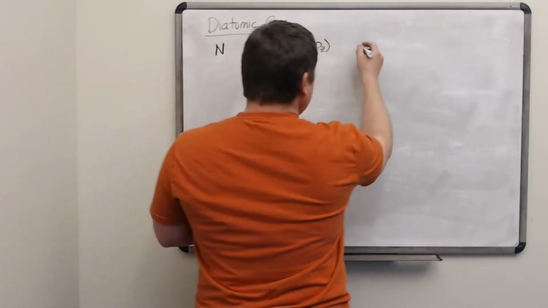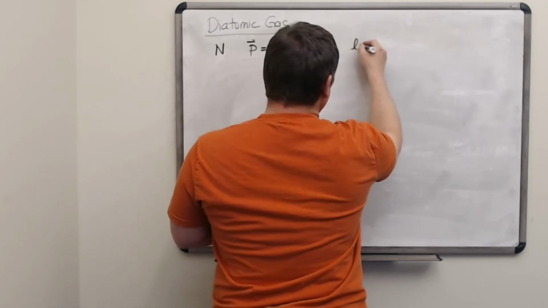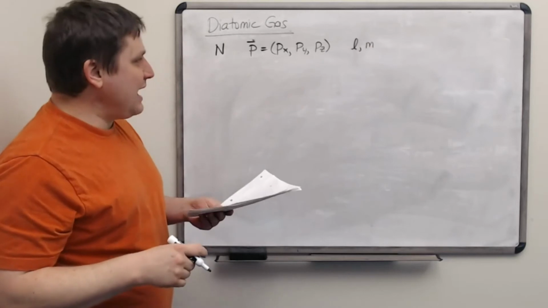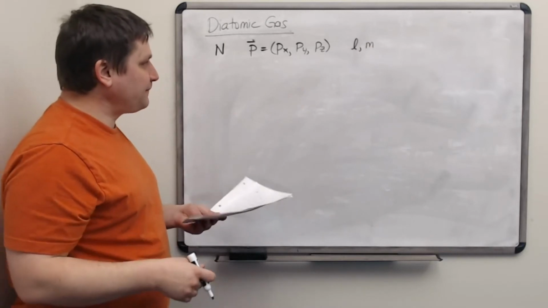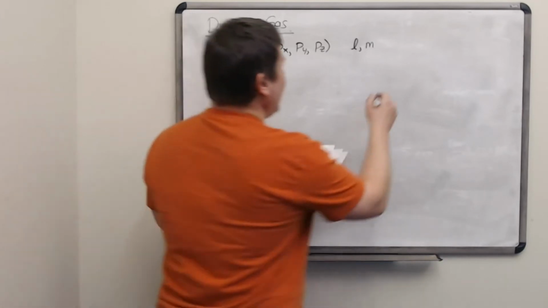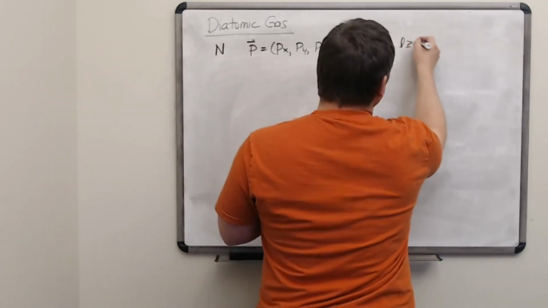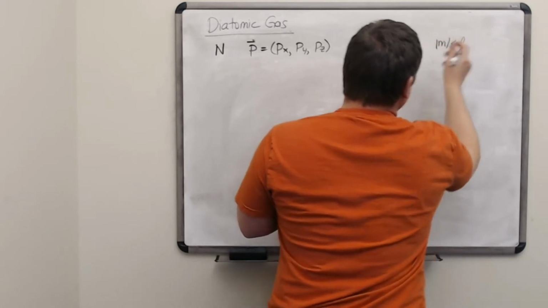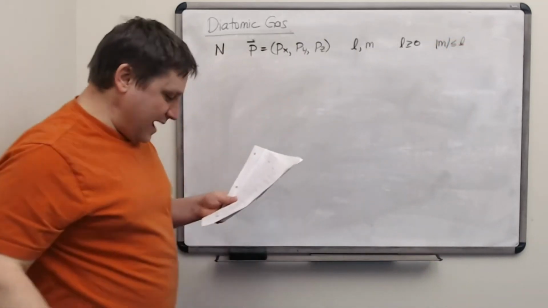And for each molecule also, we specify an L value for its rotational quantum number and an M value for its Z rotation quantum number. Remember that the L can be an integer that's positive, and the M can be an integer that is smaller than L in absolute value.